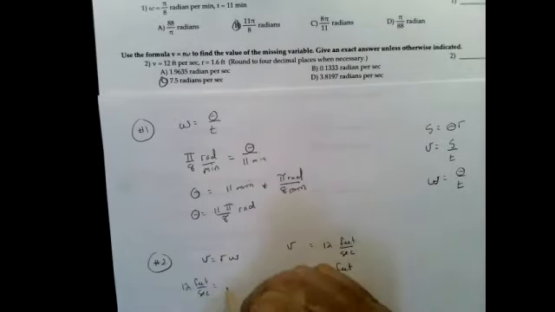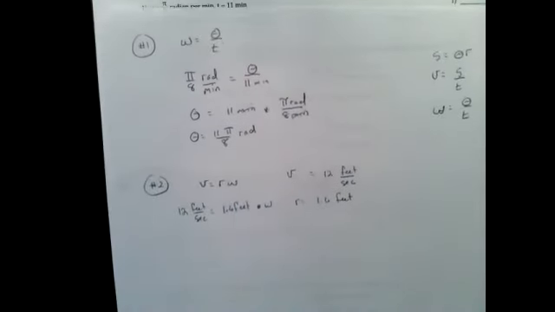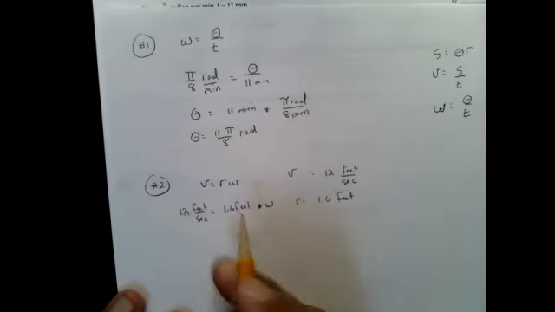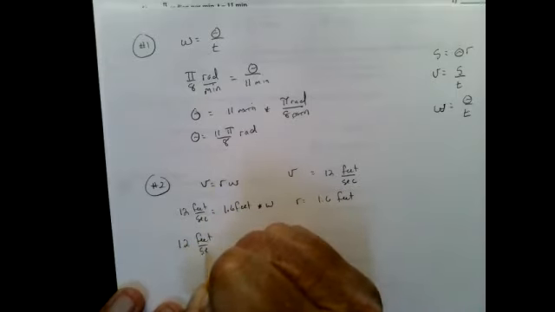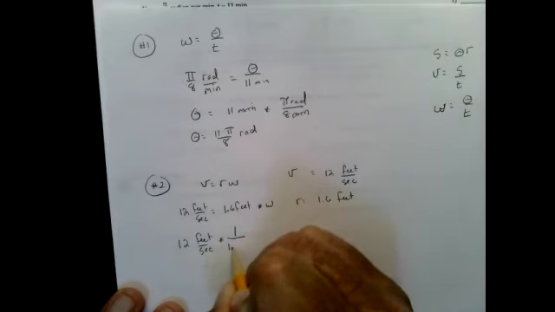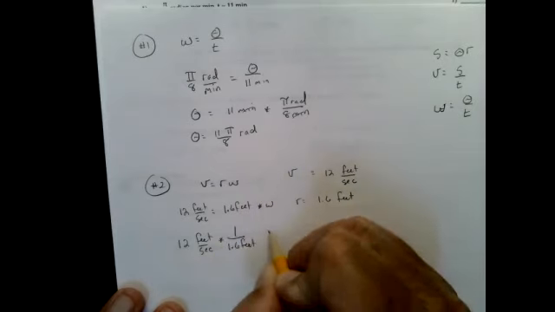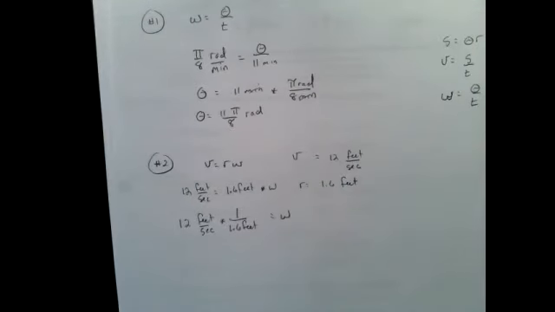So I have 12 feet per second equals 1.6 feet times W. I'm going to divide by 1.6 feet, but over here I'm going to write 12 feet per second times 1 over 1.6 feet equals W. We're used to dividing, but I want to keep my labels, so I'm just multiplying by the reciprocal.